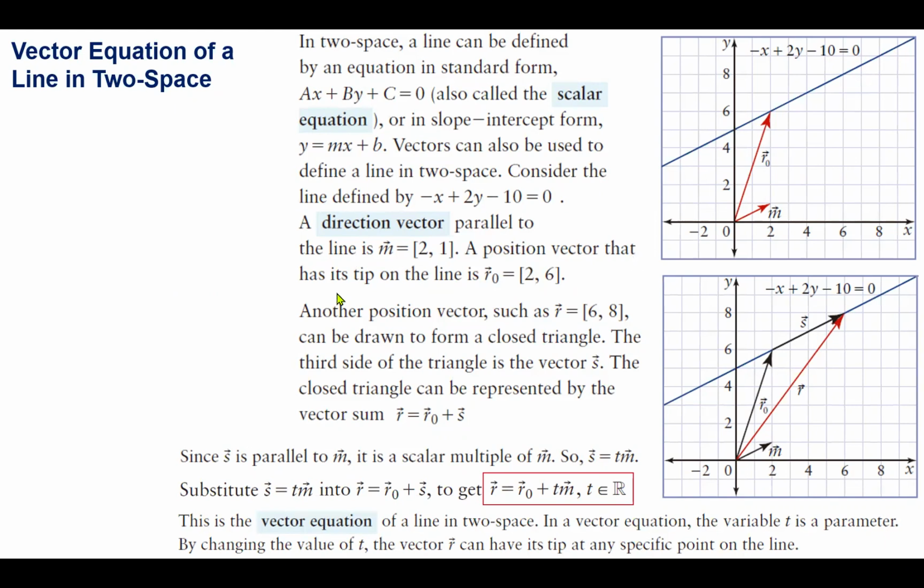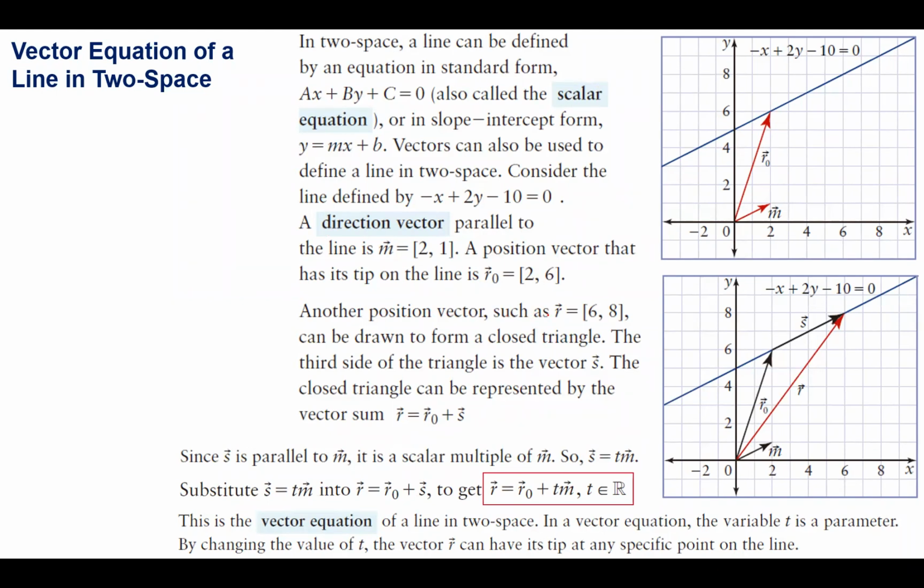A position vector that has its tip on the line is r naught, which is 2, 6. Which is also shown here on the graph on top right. So note that this point here is a point on this line. So the point has a position vector r naught.